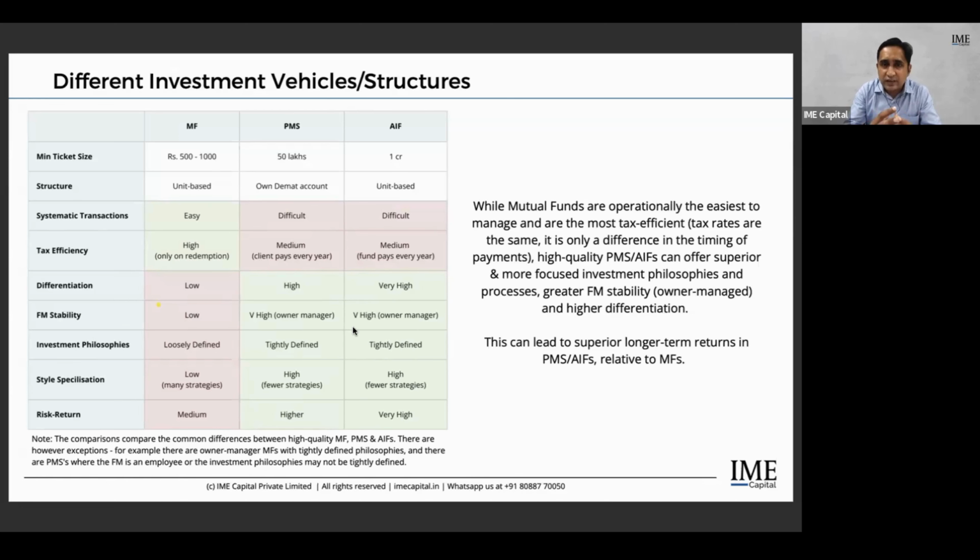What we have noticed in these higher quality boutique PMS and AIF firms is that you have much more tightly defined investment philosophies, a much higher degree of style specialization, with firms focusing on a few specific strategies, and levels of differentiation being higher. And just broadly, the quality of management, according to us, is superior when it comes to a high quality owner managed PMS.